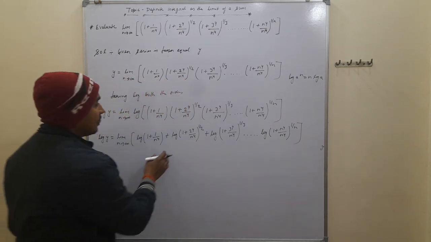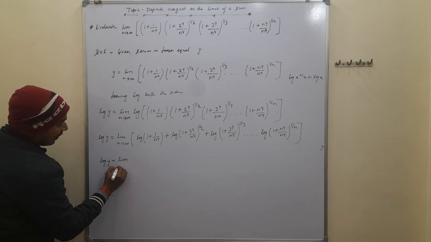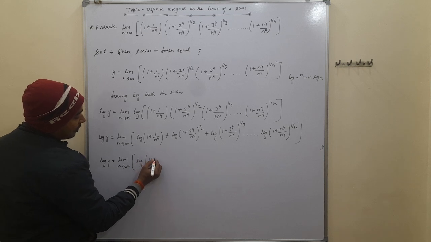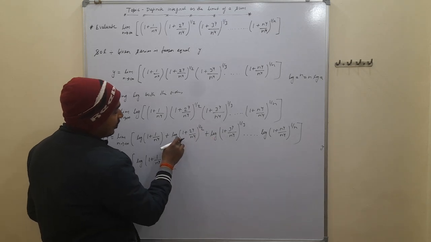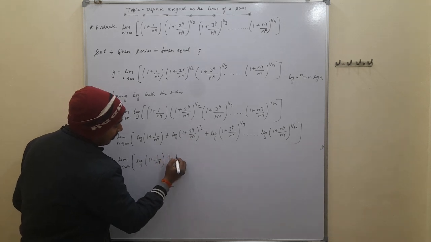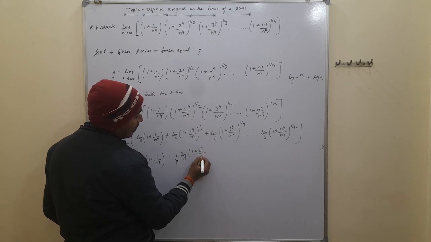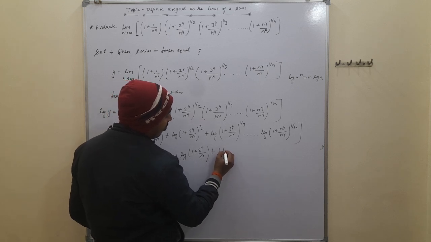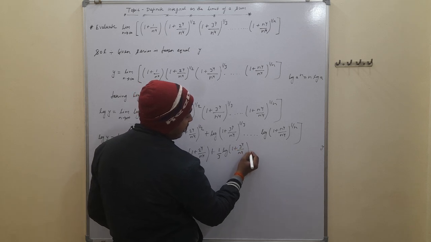So we use the following identities: log y is equal to the limit as n tends to infinity of log of (1 + 1/n^4), and using the property log a^n, the power is taken to the front of the log, that is 1/2 log (1 + 2^4/n^4), and similarly 1/3 log (1 + 3^4/n^4), and so on.